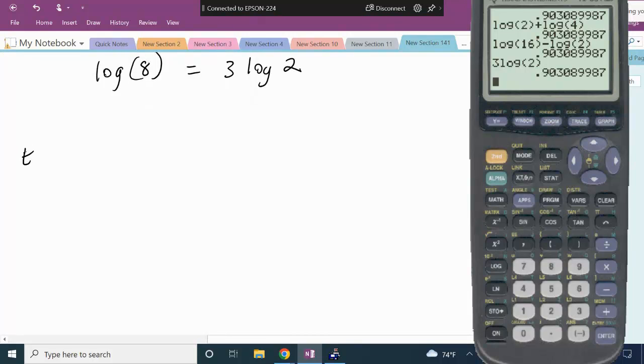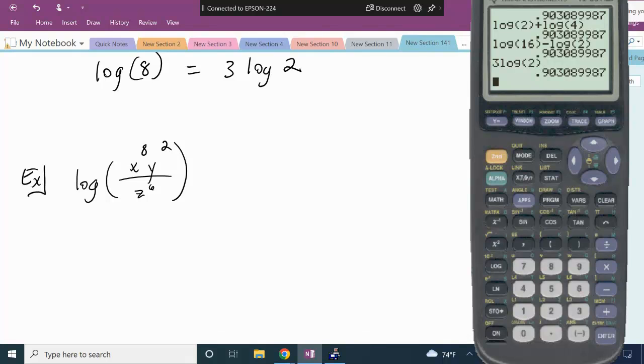All right, so let's take a look at an example using the properties. So we have the log of x to the 8th power y squared divided by z to the 6th power.